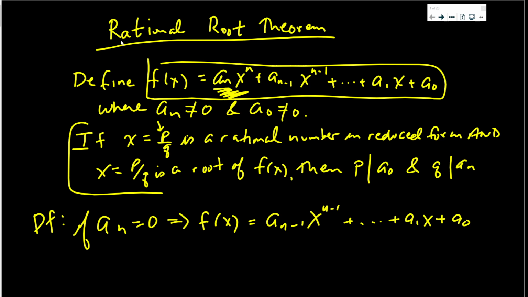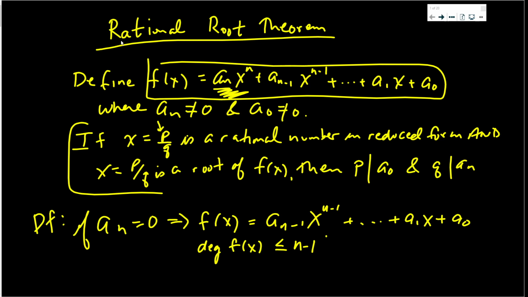We want to know the degree of the polynomial. All we can say right now is that the degree of f of x is less than or equal to n minus 1.